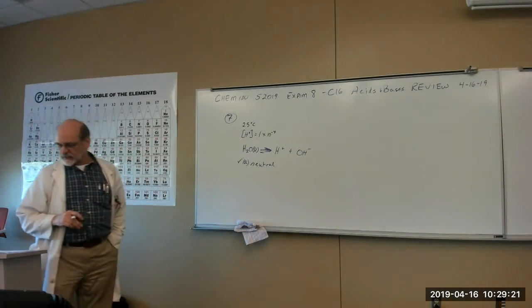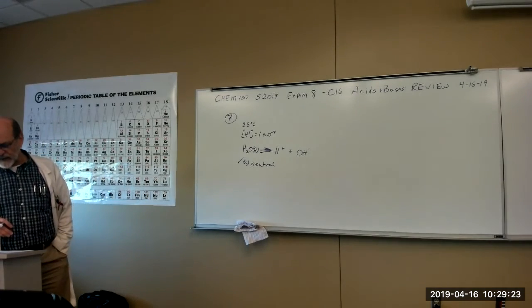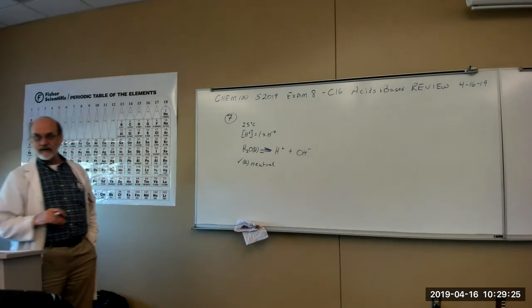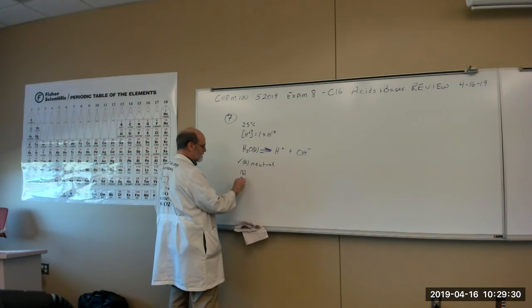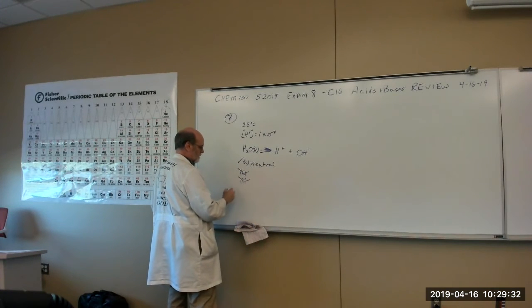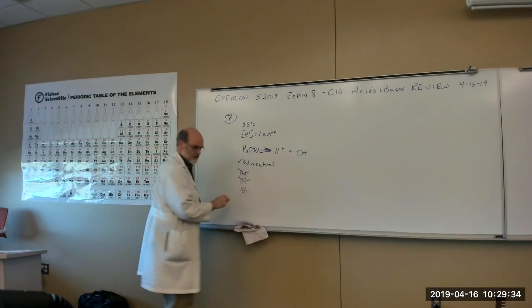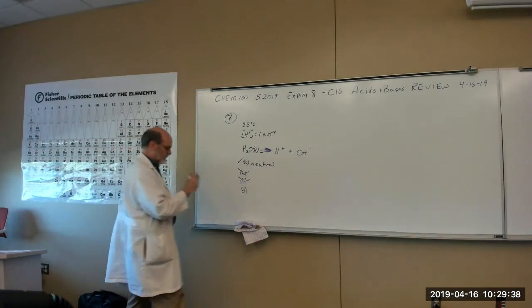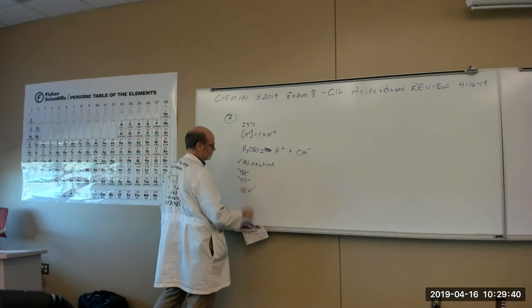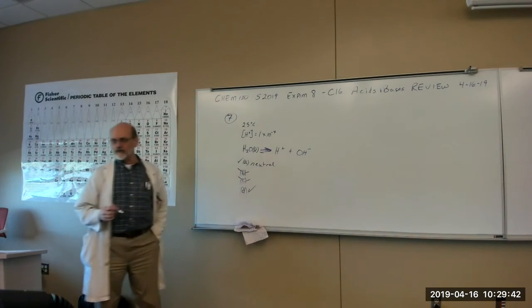So B, hydrogen ions are greater than hydroxyls, or C, hydroxyls greater than hydrogen. Those are both false. All right, B and C. How about D? D says hydroxyls also increase. That's true. So both A and D are true.